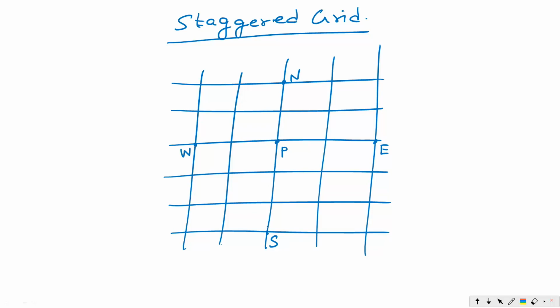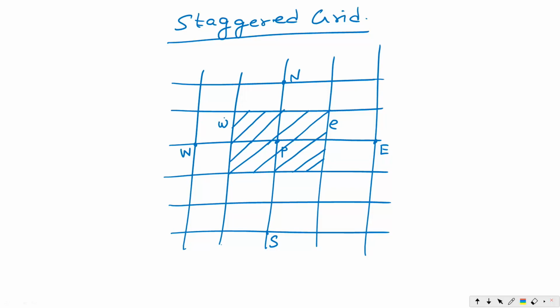So these are the grid points, and the control volume of the present node P will be given like this. This is the control volume which is encompassing the central node P. To the eastern side the face is small e and to the western side the face is small w.